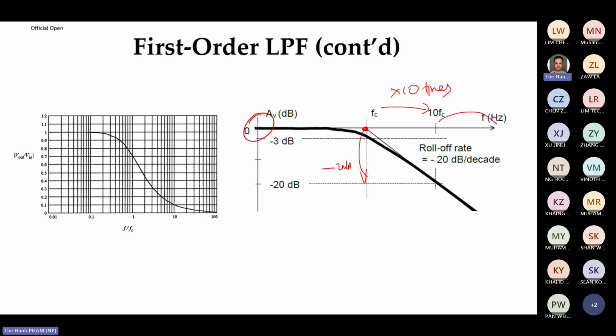So if you go another 10 times, at 100 FC, you go another minus 20, so it should be at minus 40 dB. That's what is meant by the roll-off rate: minus 20 dB per decade. I think you have seen this in other subjects as well.